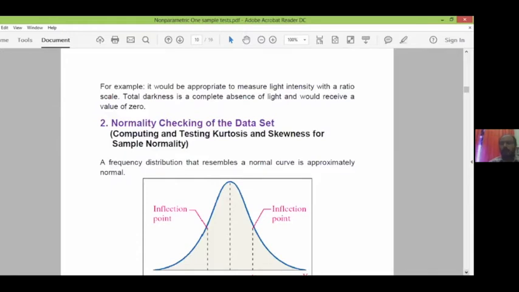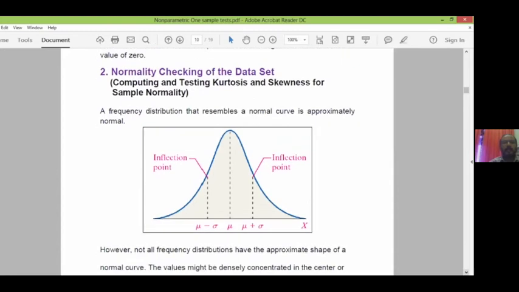Now, the second part of my content is normality checking of the data set. That is also important. Okay, so computing and testing kurtosis and skewness for sample normality. A frequency distribution that resembles a normal curve is approximately symmetrical.